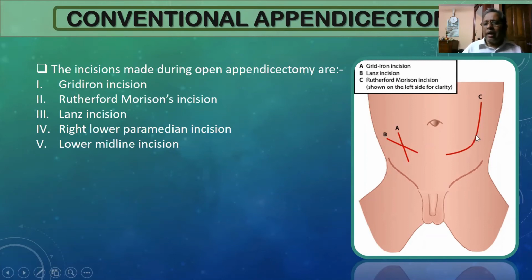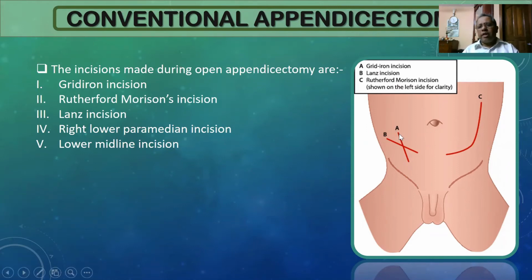Whenever you do the gridiron incision and look, if the appendix is not visualized and it is not possible to expose it, in that case more exposure is needed. So then you make an incision over there.